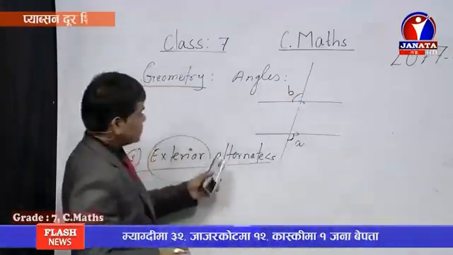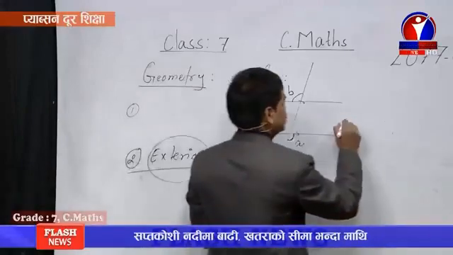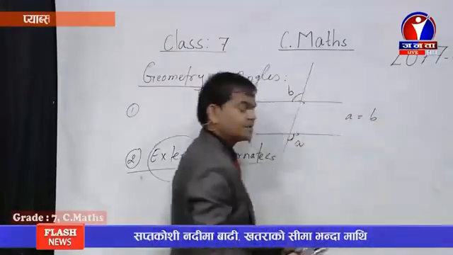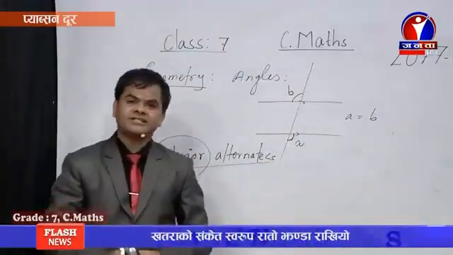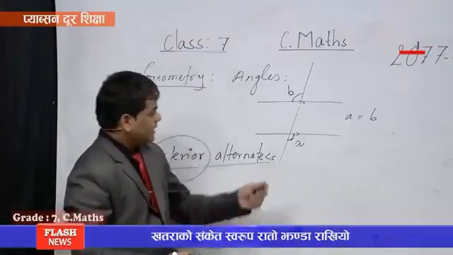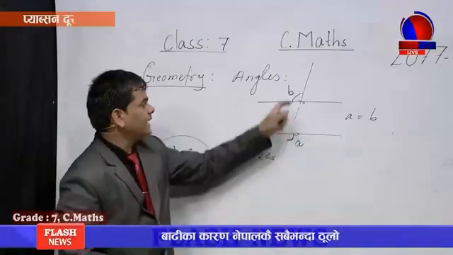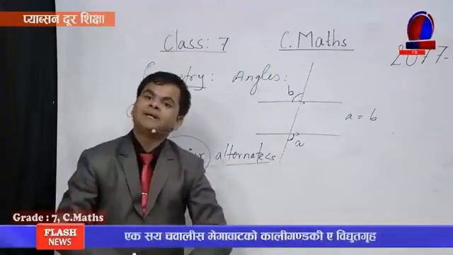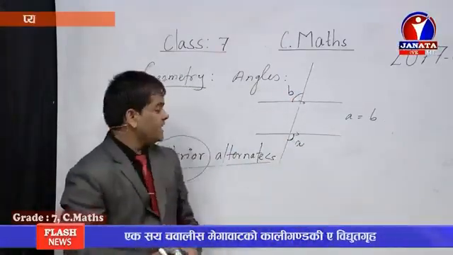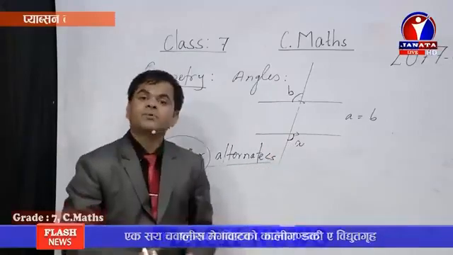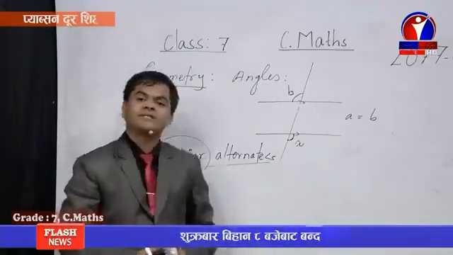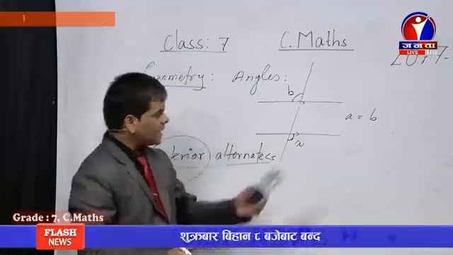And in such cases, what happens, dear students? A equals B. That's the property. That means if the measure of angle A is 50 degrees, then B also becomes 50 degrees when we measure the angles with a protractor.